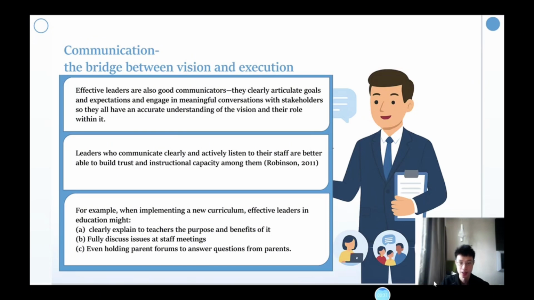Such transparency and openness build trust. In summary, communication is the bridge between vision and execution. Without it, even the best thought-out strategy may not translate into better results.